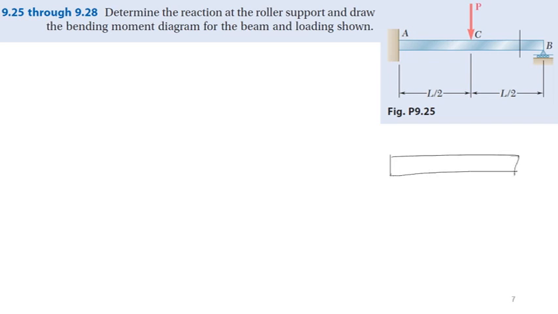This is from L by 2 to L, the whole length of the beam. So we have MA, RA, we have a P, and we know this distance is L by 2, and we have shear force acting downward as positive and this bending moment M. And we have to develop this equation of M.